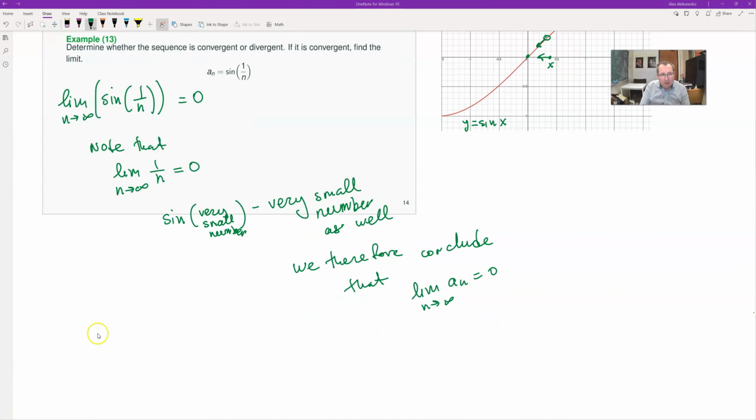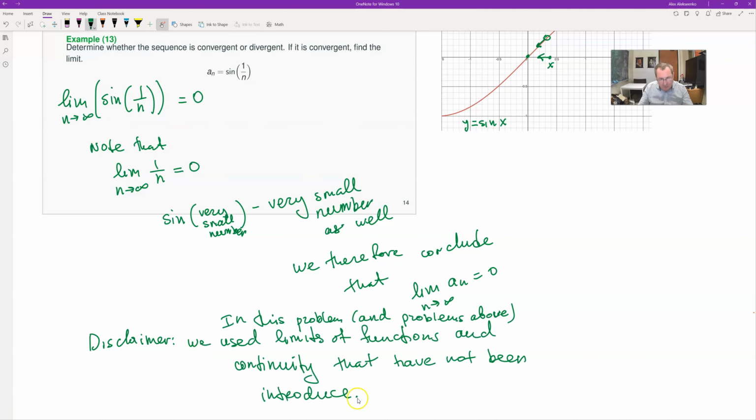I actually have to make a very important disclaimer. In this problem and in the problems above, we use concepts that we have not discussed yet. These concepts are limit of functions and continuity. It is possible to bring mathematical rigor and discuss this topic in sequence, since they all rely on each other, but it'll probably not be super important for this course.